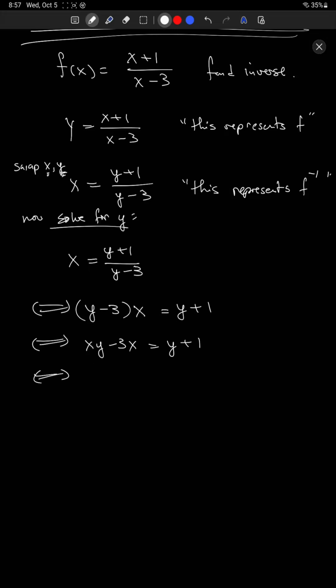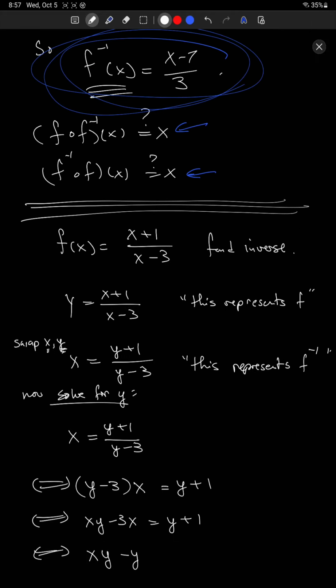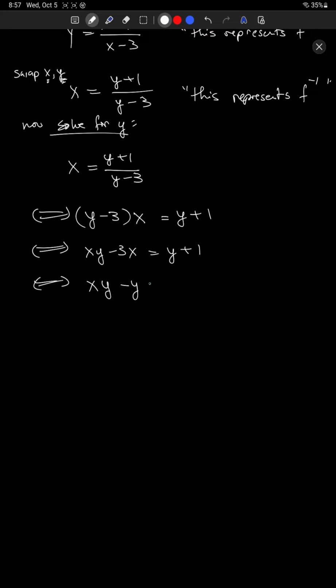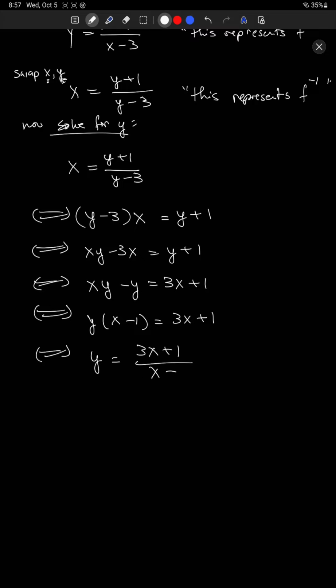And then I want to isolate the y, so I'm going to throw all the y's to the left side, and the terms that don't have the y's to the right side. And then again, I want to isolate the y's. And I end up with y equals 3x plus 1 over x minus 1.